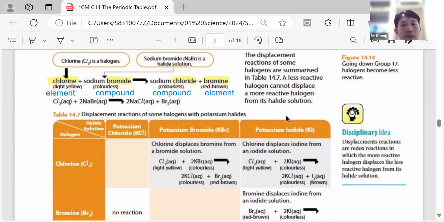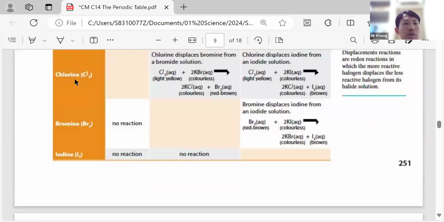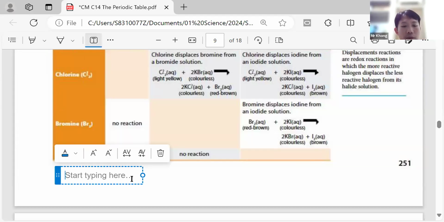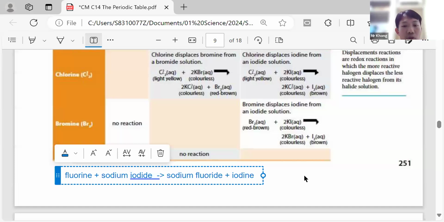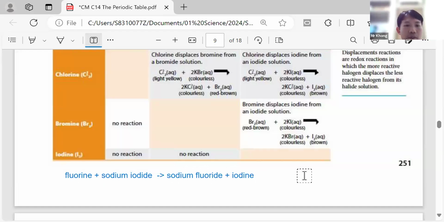I'm going to give you one example at the bottom of this page. You can also write this down in your textbook. Let's say I have fluorine reacting with sodium iodide. Because our fluorine is more reactive than the iodide ions, the fluorine will displace the iodide and form iodine, because fluorine is more reactive than iodine.